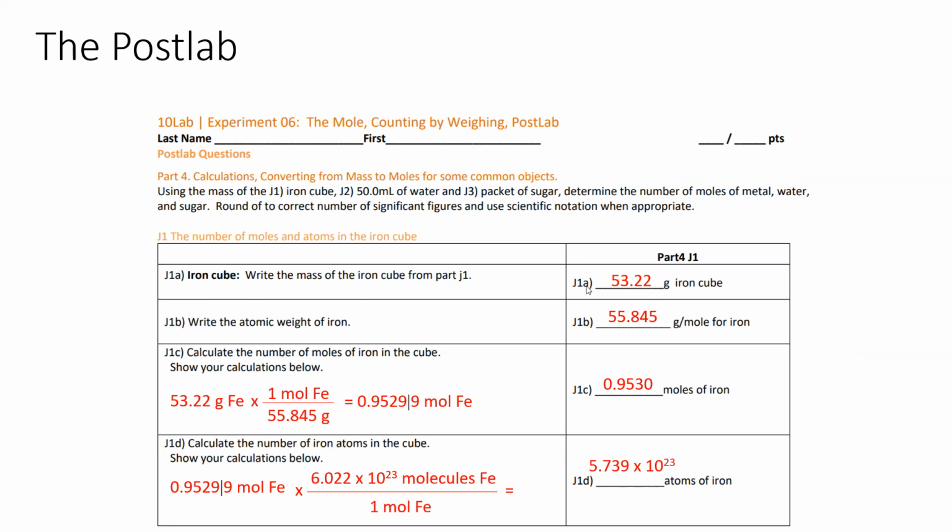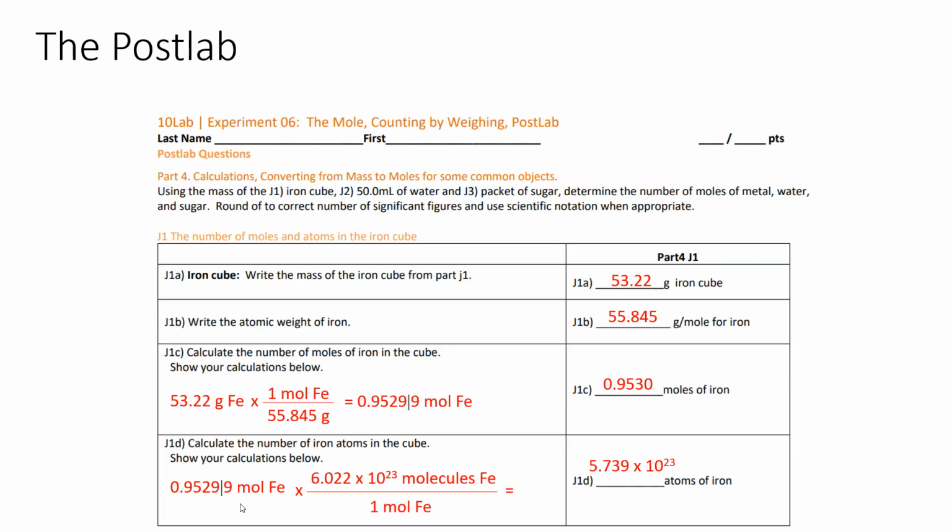Because we started with 4 significant figures, we want to report our answer in moles to 4 significant figures. I included 5 here and put a line after the last significant digit, and then I rounded to report the moles of iron in J1C.